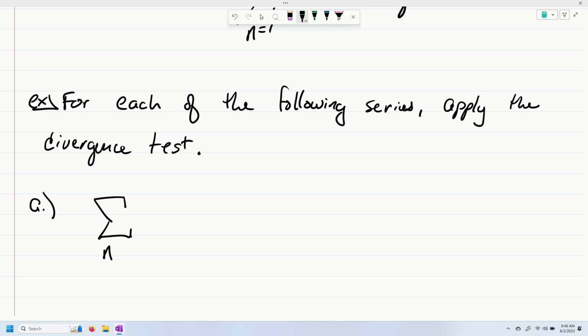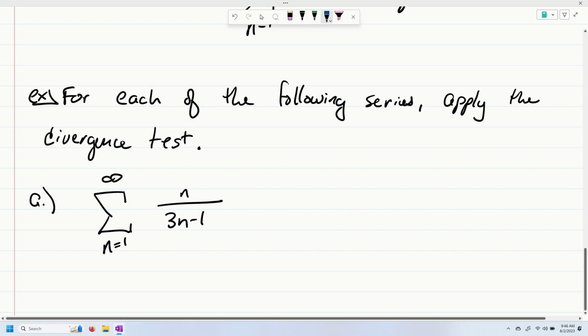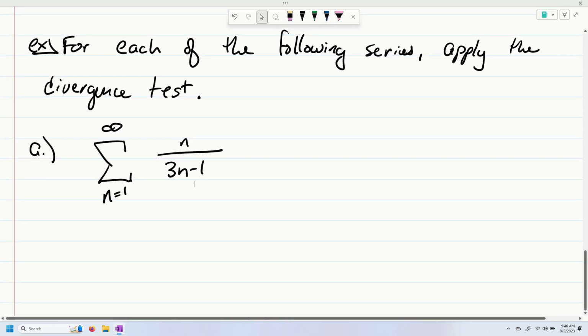It's going to be from n equals 1 to infinity of n over 3n minus 1. All right. So this is how we approach this.